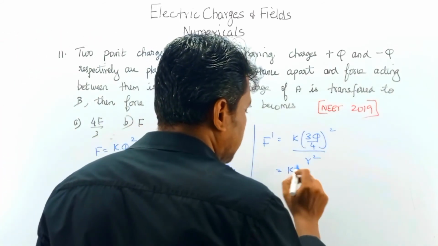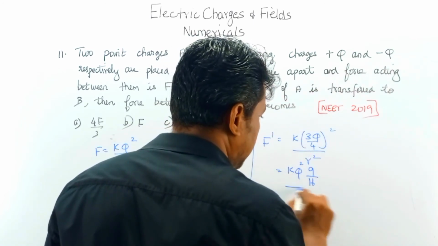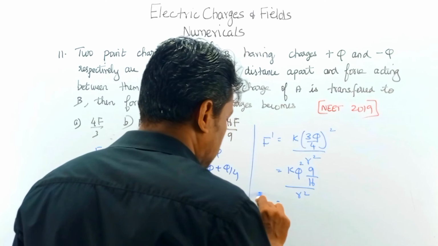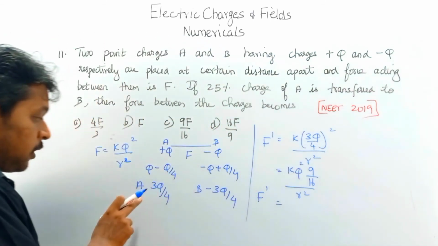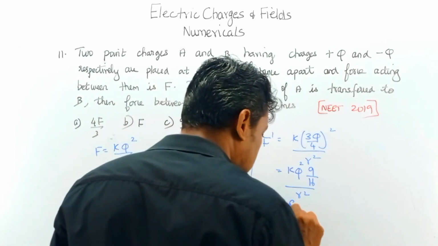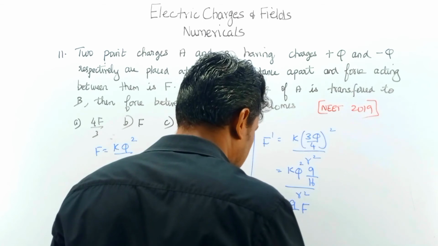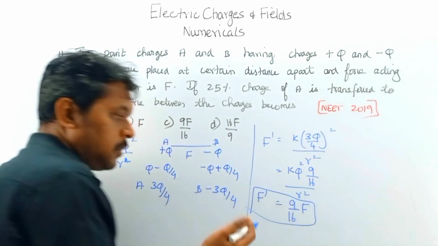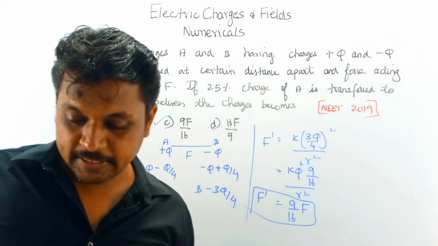So here it is k q square, 9 by 16 of r square. Instead of k q square by r square, we can replace by F. So it becomes 9 by 16 of F. This is the value of F dash. So 9 by 16, option C is the right answer.